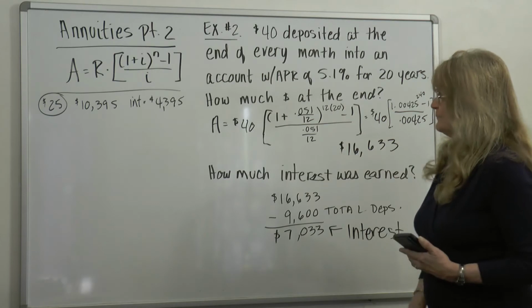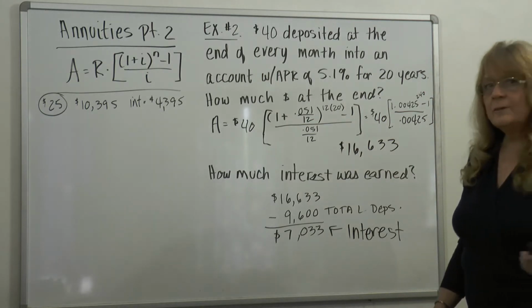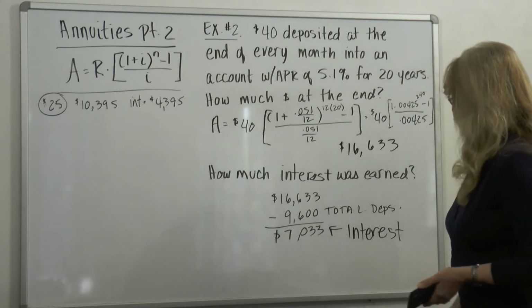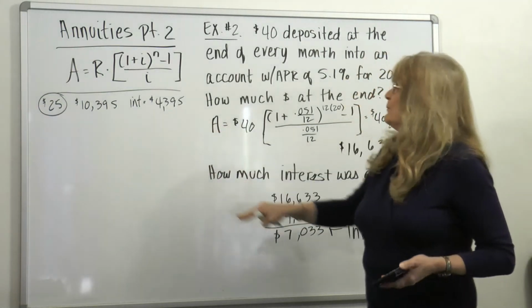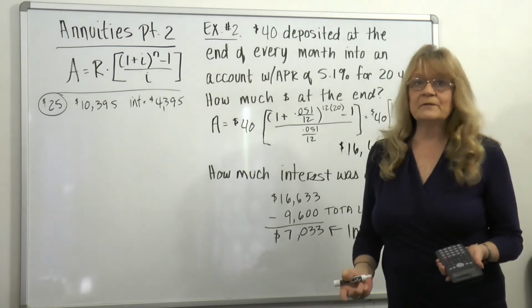There's our free money. So just by that little bit of an increase in deposits, look how much more free money I got. Okay, so can you imagine if I put $100 a month away?